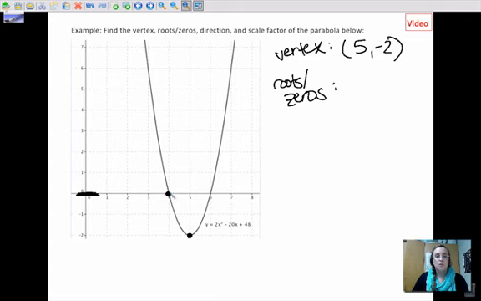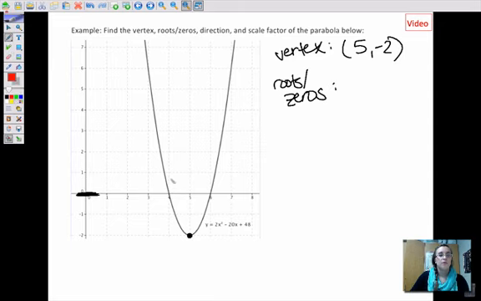So that would be this point and this point. And actually, let me go ahead and color code it for you. So the roots, or the zeros in this case, are 4, 0 and 6, 0. So those 2 points where y is 0 on our graph.